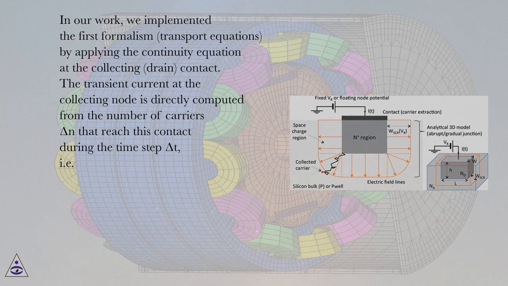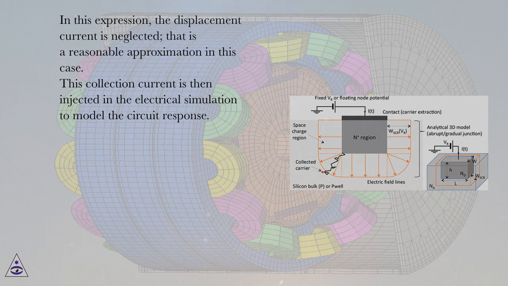In our work, we implemented the first formalism, transport equations, by applying the continuity equation at the collecting, drain, contact. The transient current at the collecting node is directly computed from the number of carriers delta n that reached this contact during the time step delta t, i.e. In this expression, the displacement current is neglected, that is a reasonable approximation in this case.